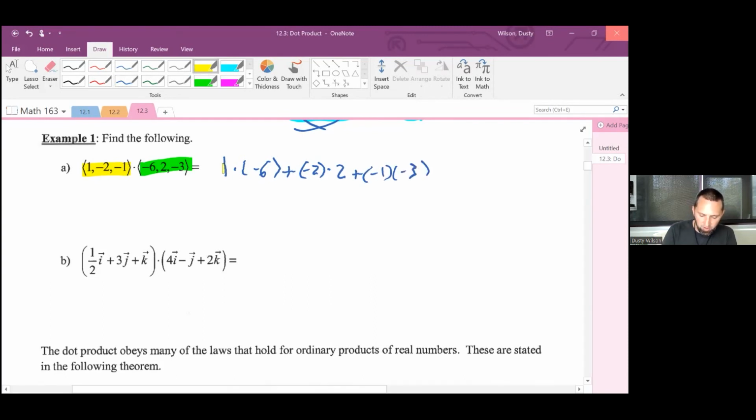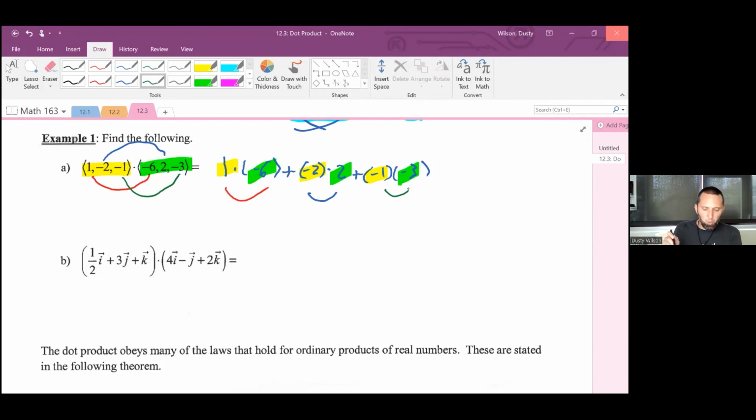In color, that's the sum of all of these little products. Notice that we're pairing up the first components, that's these two. We're pairing up the second components, that's these two. And we're pairing up the third components, that's those two.